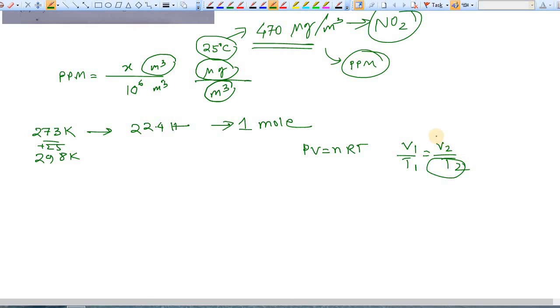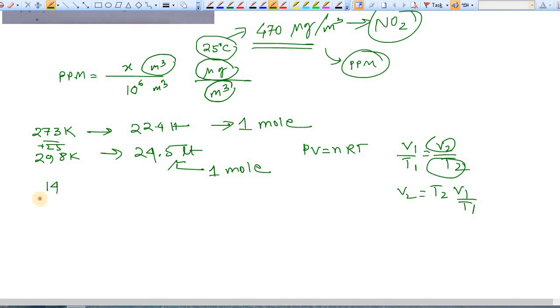So at T2, what is the volume V2? It is T2 times V1 by T1, which comes as 24.5 liter for 1 mole, and the mass of 1 mole nitrogen dioxide is simply 14 plus 16 times 2, that is 46 gram.